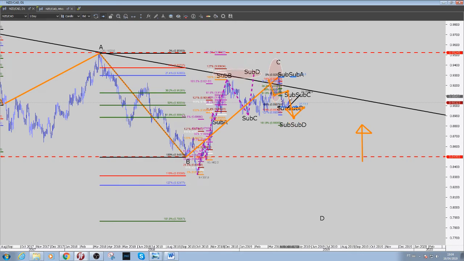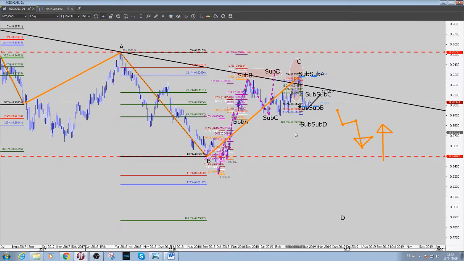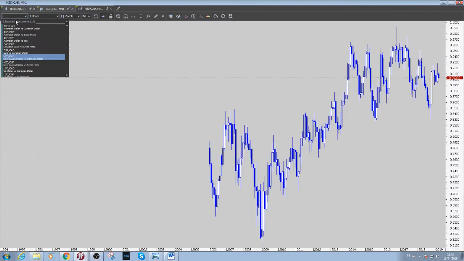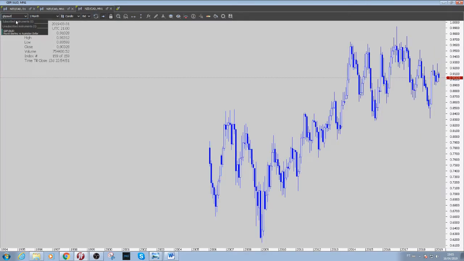So when it's going to make a low, of course this is the daily chart, but sooner or later it's going to make a low, then we need to adjust our Fibonacci of the confirmation. So as you can see, everybody, when the market moves, all 3 Fibonaccis are moving, and we need to keep track of this one, of that. Okay, so this is NZD CAD. We have one more, and let's talk about GBP AUD.